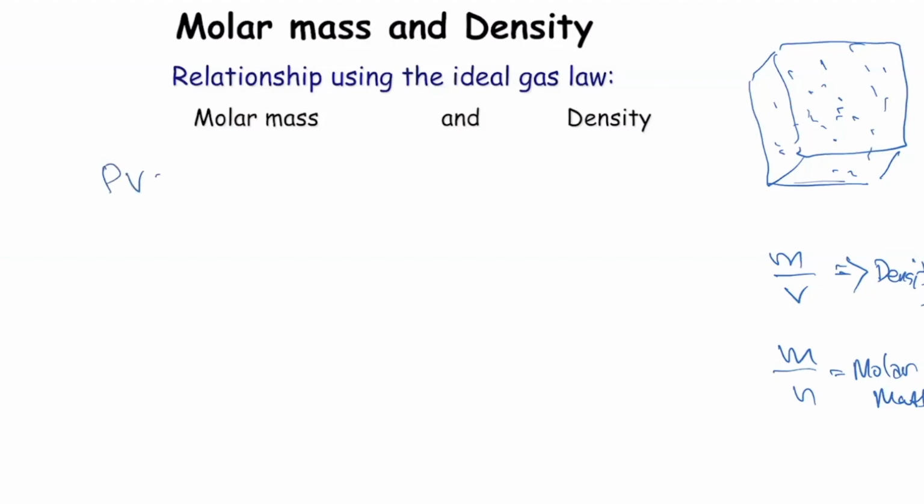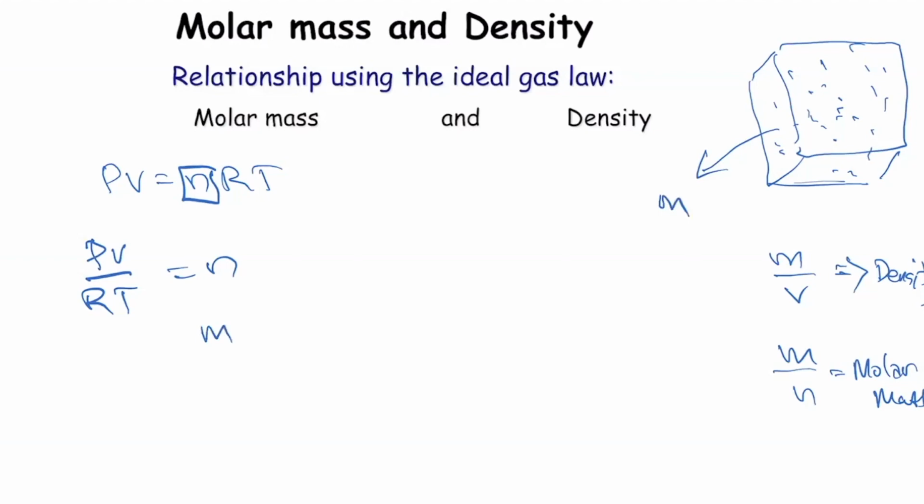Let's take a look at the ideal gas law. PV equals nRT. We can solve for moles using this: PV over RT equals n. Now, if we weigh that gas, if we calculate the mass, then M over n is just M over PV over RT. You don't have to derive this equation, but I want to show you that it comes from the ideal gas law.